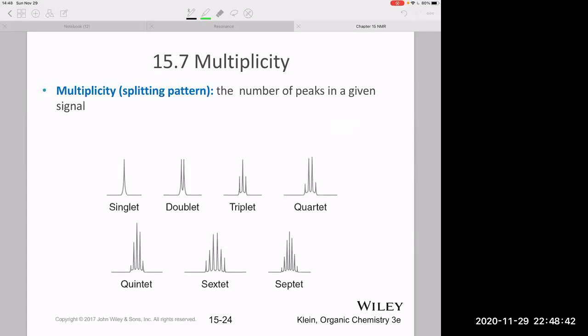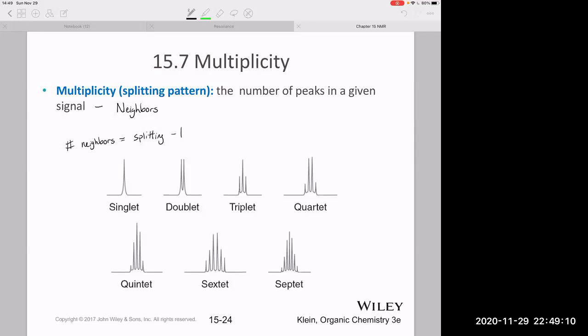Why do they split? When you think splitting or multiplicity, you think the number of neighbors. That's the information that this is telling you. The number of neighbors is equal to the splitting minus 1.